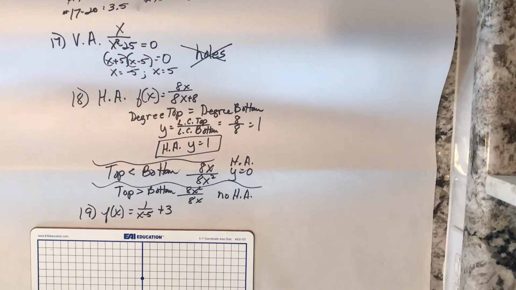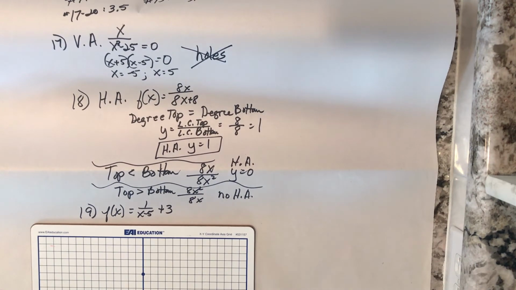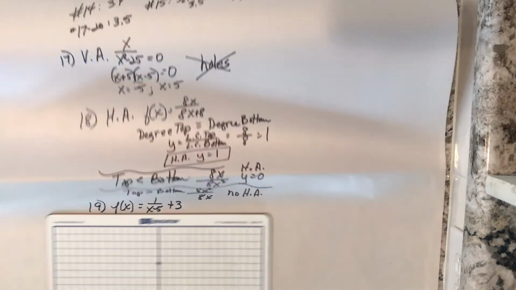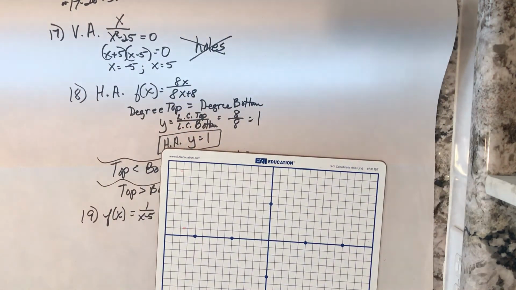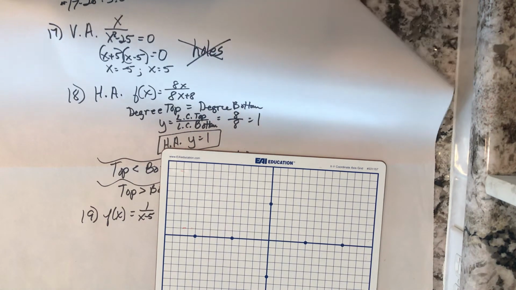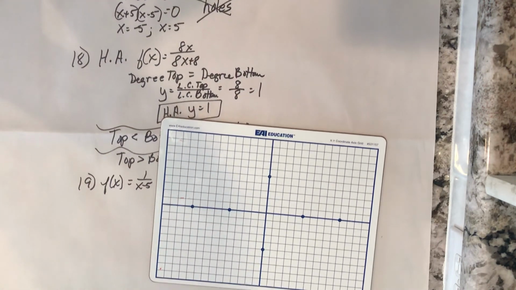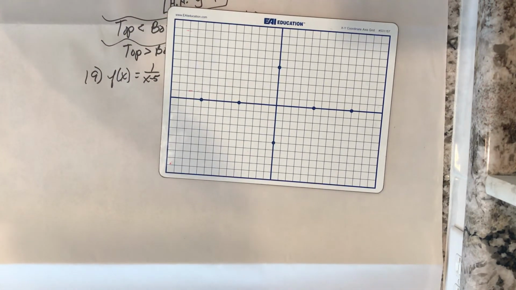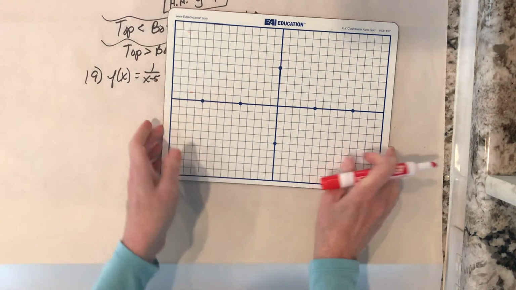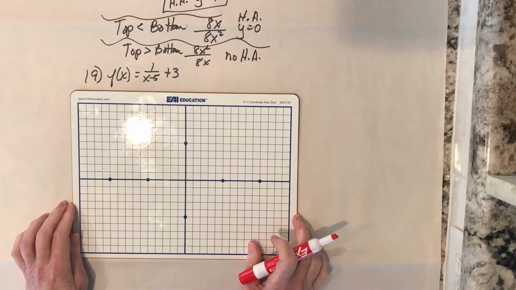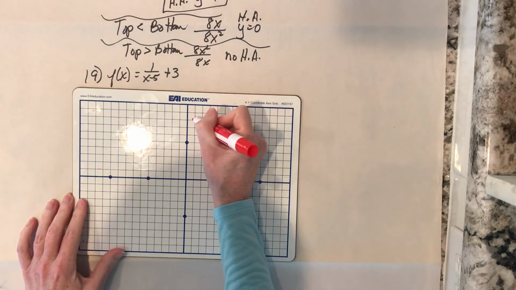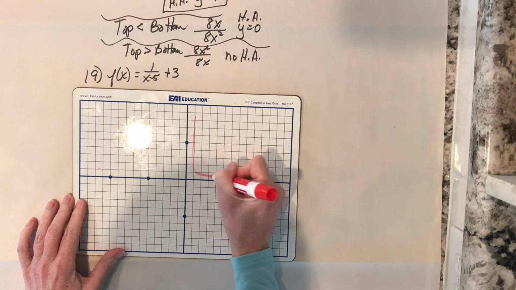You know that the graph of 1 over x does something like that.